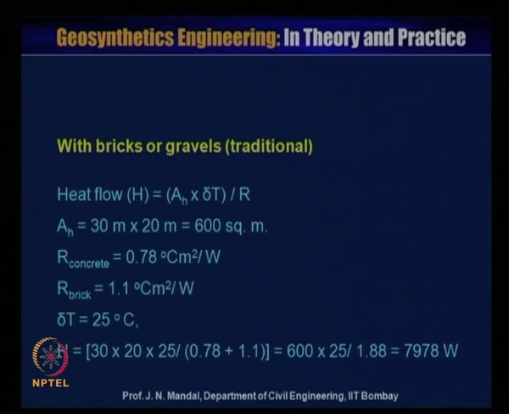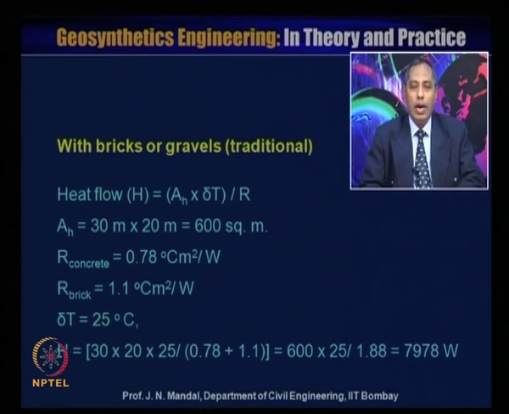Now, when we use the traditional method, that means with bricks or gravel, we know the equation heat flow H is equal to A_H delta T by R. Here A_H is the area, 30 meter into 20 meter, which is equal to 600 square meter.